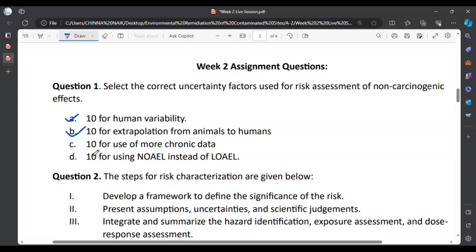Okay, option 3. We already discussed this. Again I'm telling, uncertainty factor 10 is used for human variability, for extrapolation from animals to humans, for use of less than chronic data, and for use of LOEL instead of NOAEL. So now you tell me, is option C true or false?